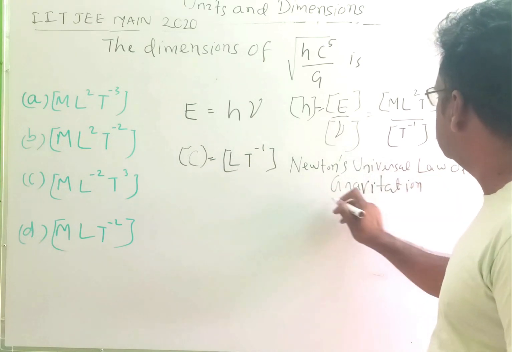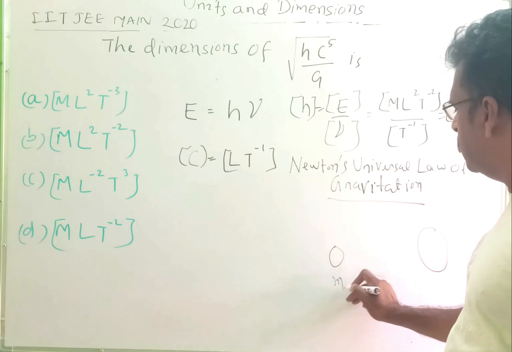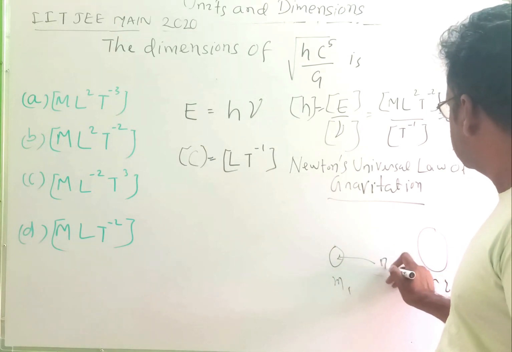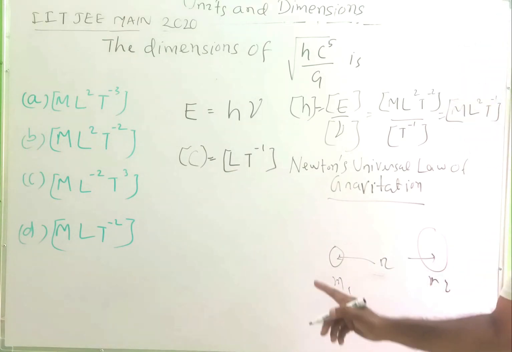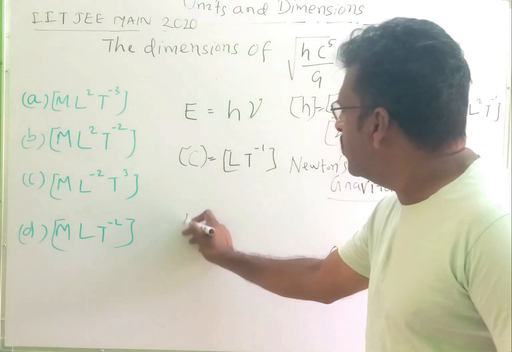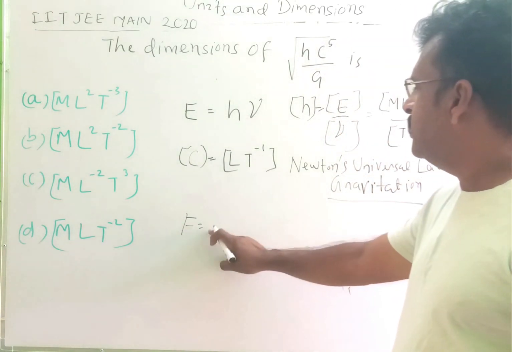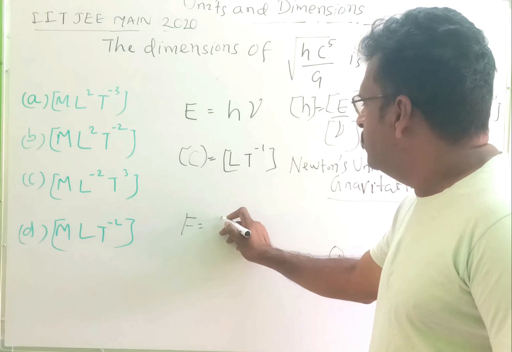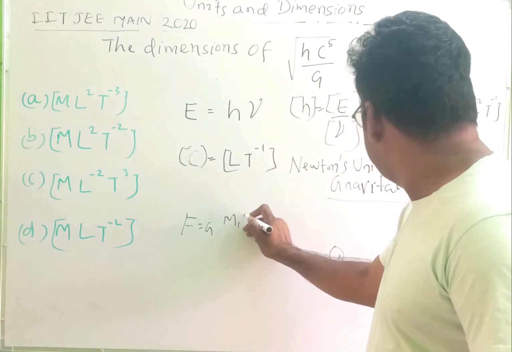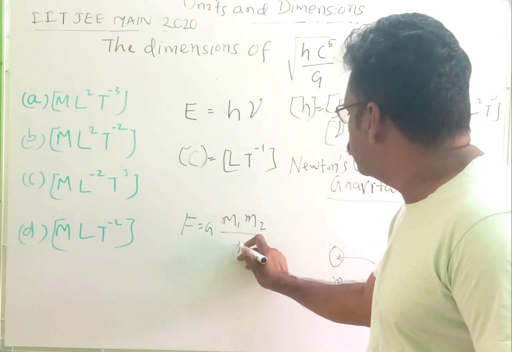This law states that if there are two bodies of mass m1 and m2, separated at a distance r from each other, then both of them will attract each other with a gravitational force F, given by G m1 m2 by r square.